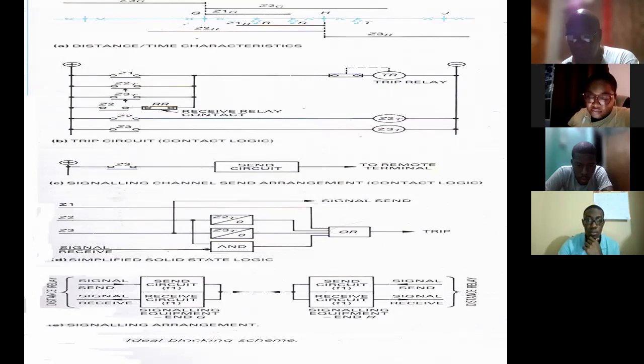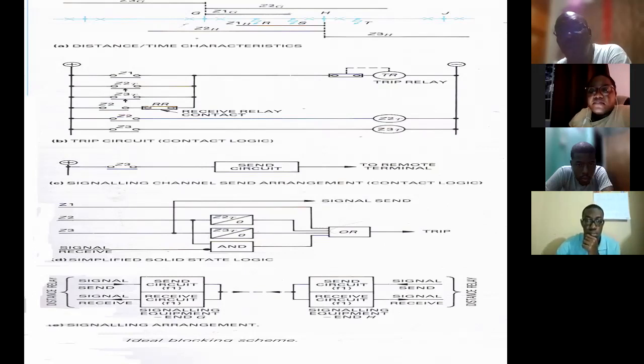Yes? So for fault S, we wanted to see how fast we could open the breaker at G. So with the fault at S, H would have been instantaneous. But at G, the zone 2 contact would have closed because the fault at S is in zone 2, as Buchanan said.